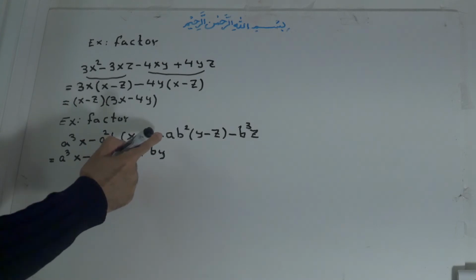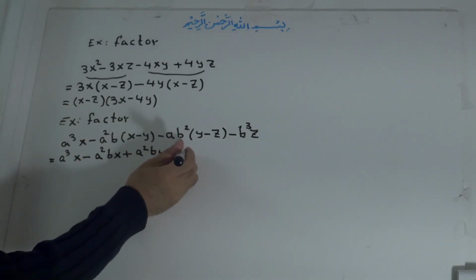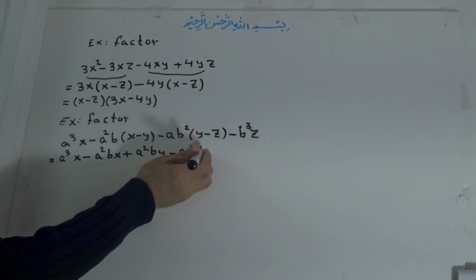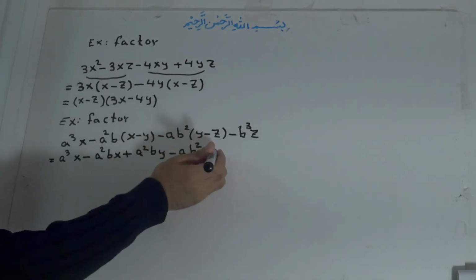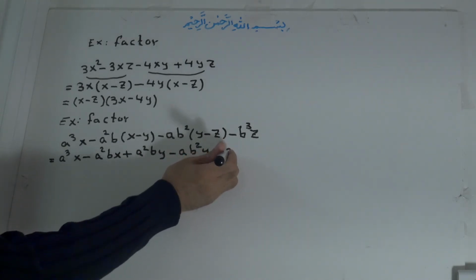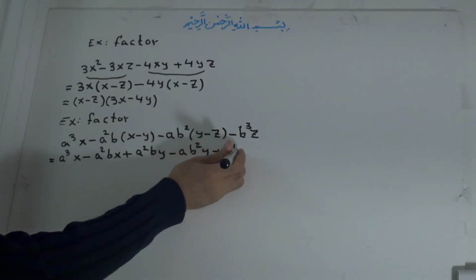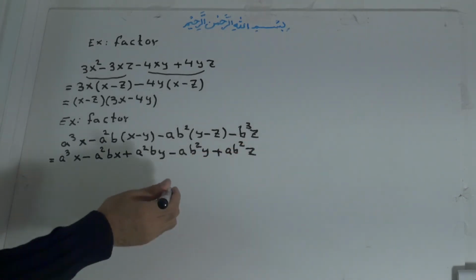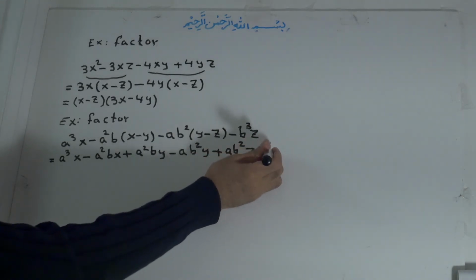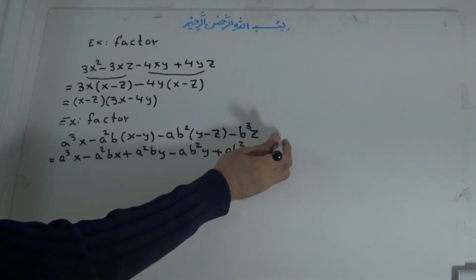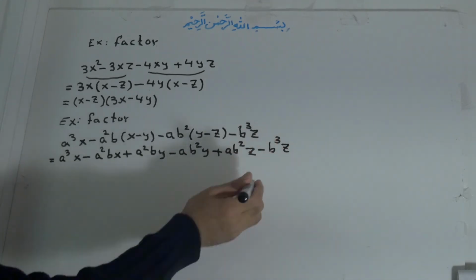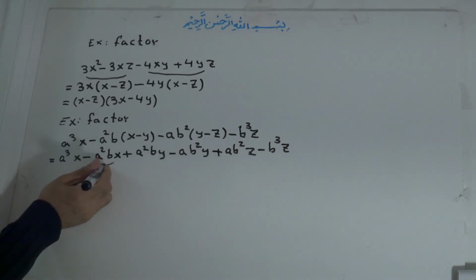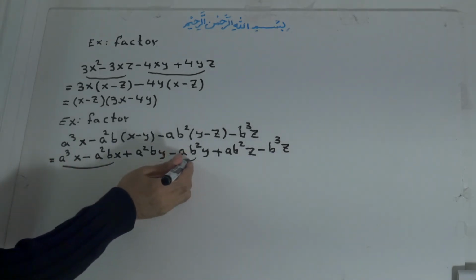And here negative times positive is negative, a b to the power of 2 y. Negative times negative is positive, a b to the power of 2 z, minus b to the power of 3 z. Now we see there are 6 terms. We simplify these two by two.